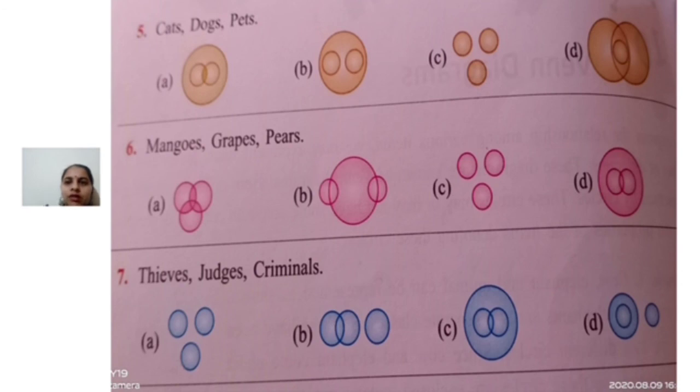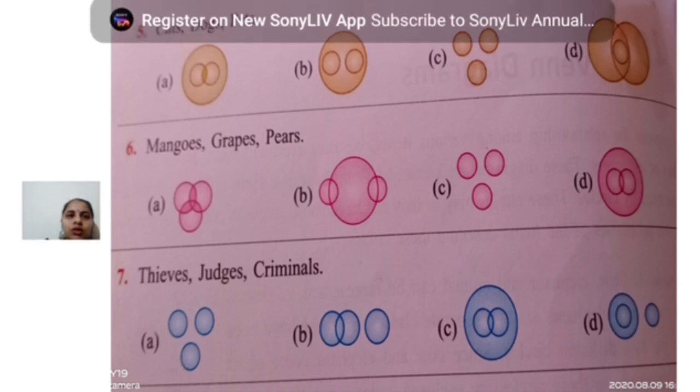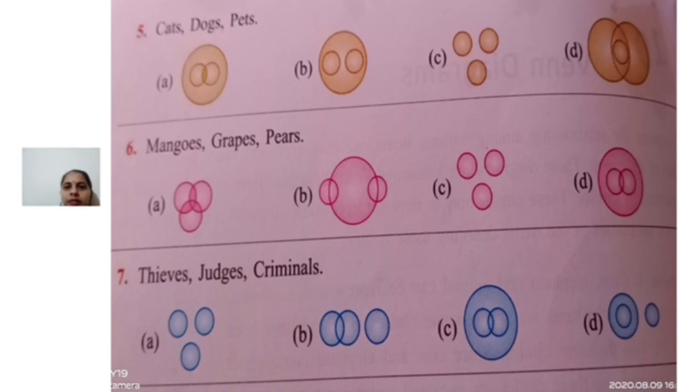So we will find our correct answer. What do you feel? A will be the correct answer? Thieves, judges and criminals.